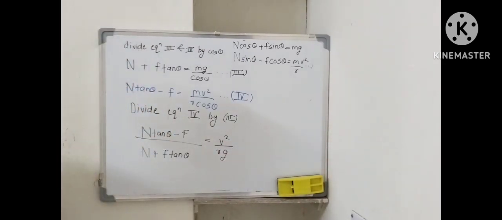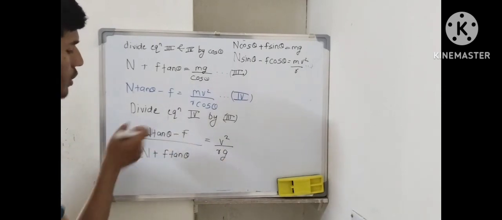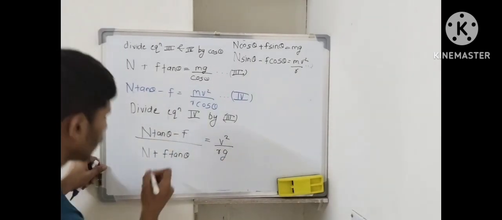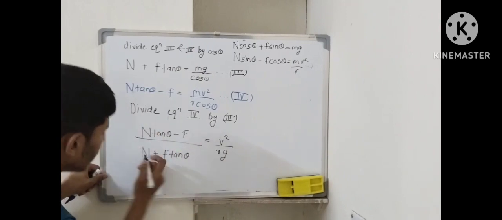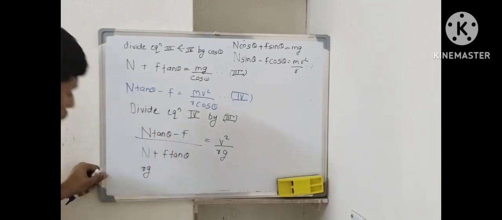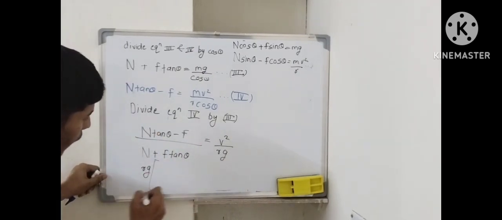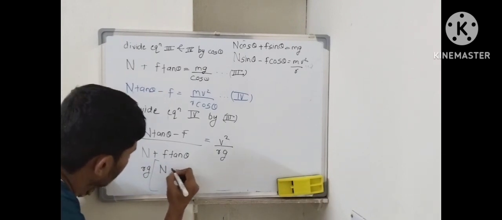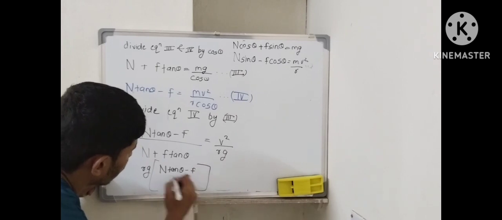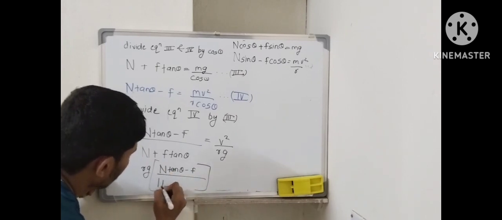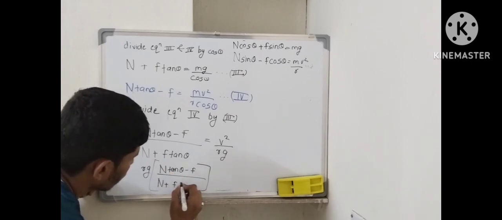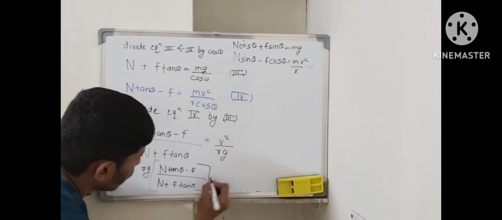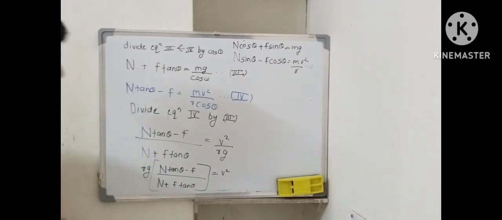Understand? Now our main motive is to find v, so we will shift all the terms to the left hand side. So rg will come here: rg in bracket N tan theta minus f upon N plus f tan theta is equal to v square.